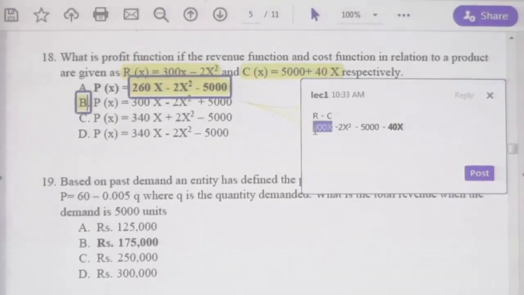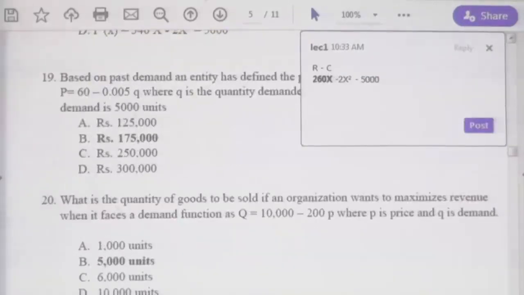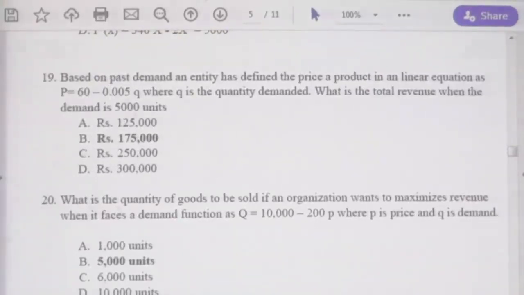This is plus, this is minus. Therefore, you can eliminate this. Then this becomes 260. This is the answer, right. That's how you obtain it mathematically. Only keep in mind, total revenue minus total cost function is the profit function. Then let's take question number 19.